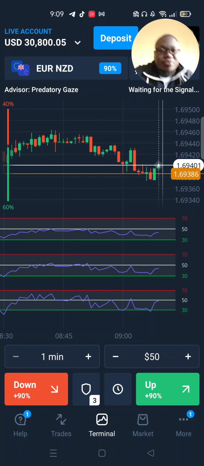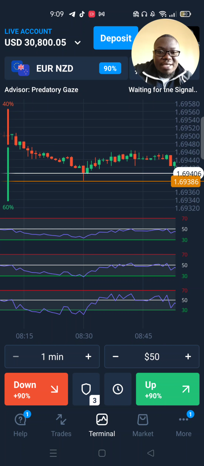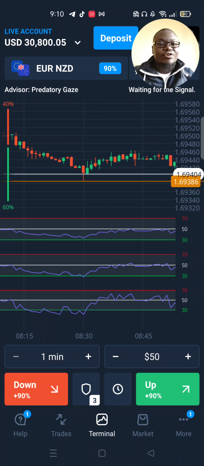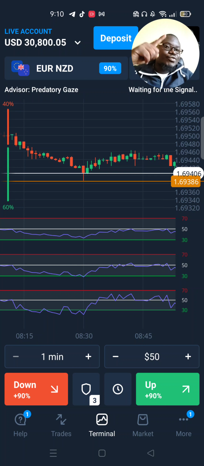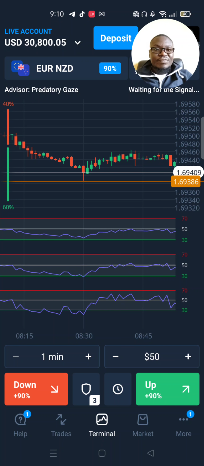Then they found some ceiling here, then moved to the bottom, and now they are moving back to the top. So markets move in those patterns. You can't find a market that is just straight to the moon. Likewise, you can't find a market that is just deep to the ocean again.